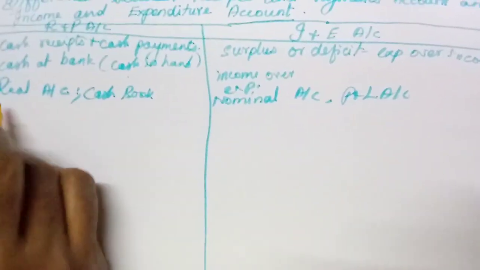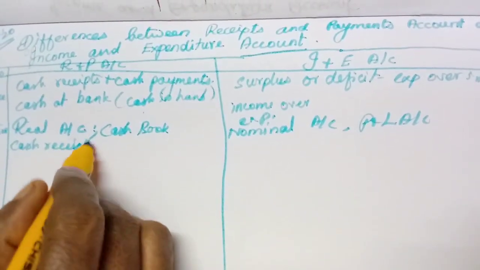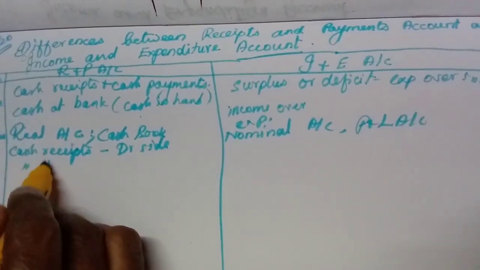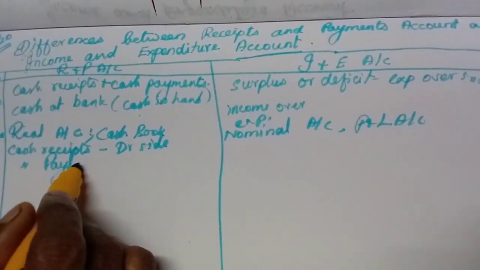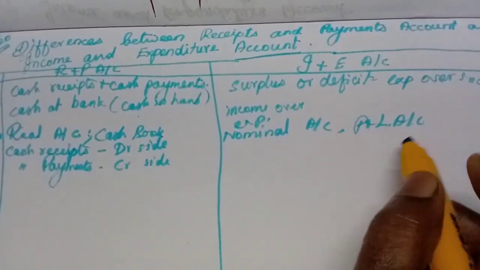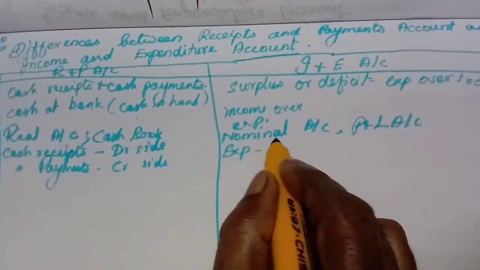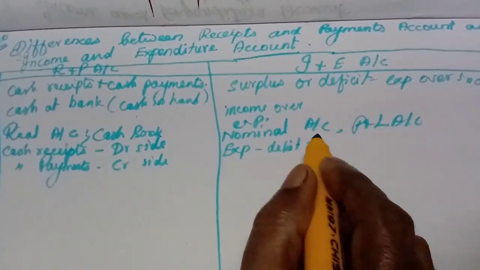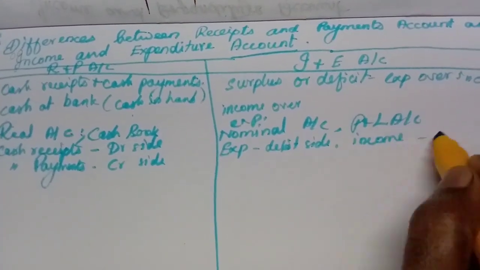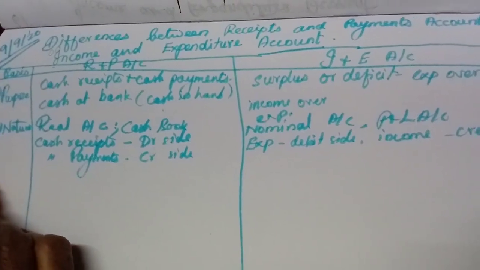Then we are entering all the cash receipts on the debit side and all cash payments on the credit side. Here all expenditure on the debit side and all income on the credit side. Okay, that is the nature.